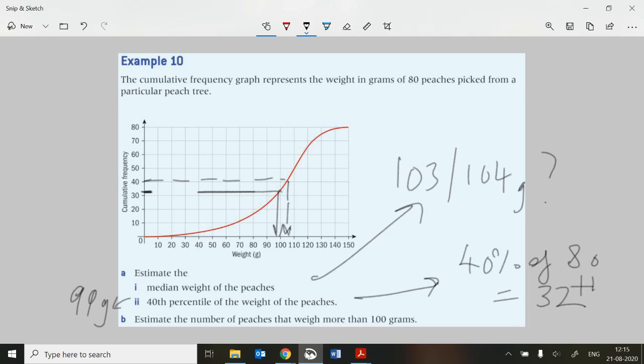We're looking for the 32nd value, and the 32nd value is here. So following that one across, we're coming up with the answer of 99 grams. So in other words, there are 32 peaches up to 99 grams, and the rest of them, 48 peaches, are beyond that. Okay, so that's the 40th percentile.